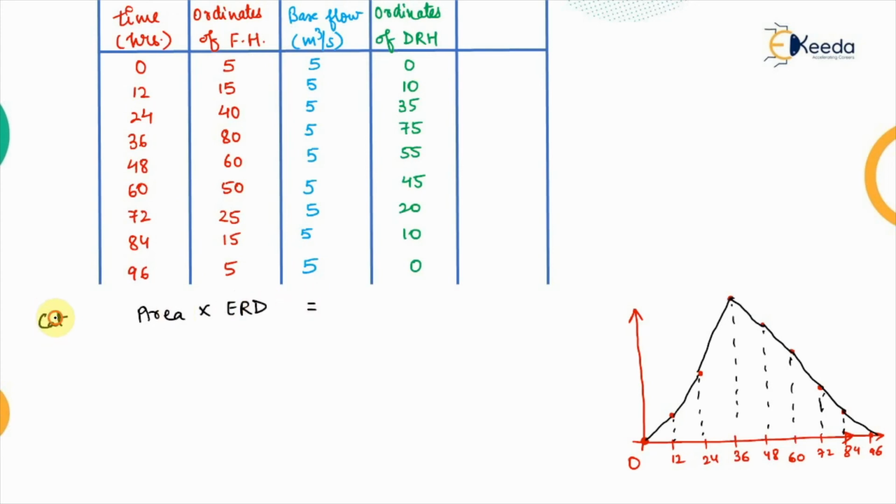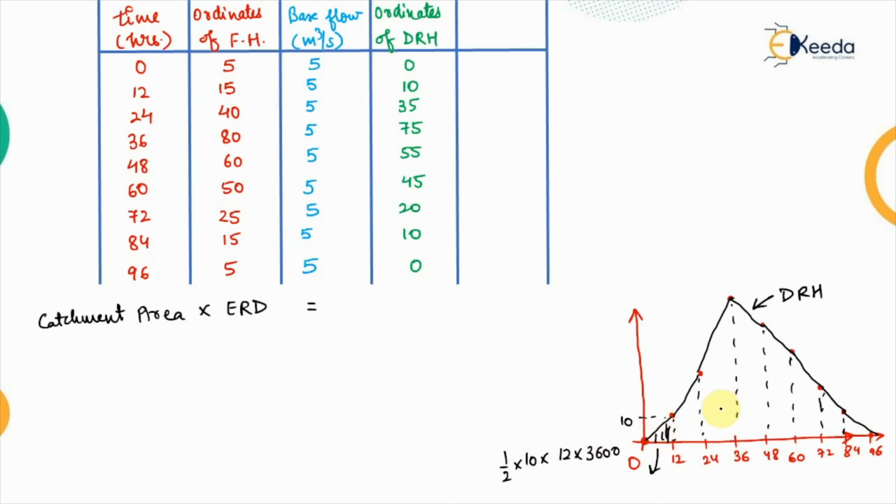So this runoff volume is equal to the area into the effective rainfall depth, where the area is of the catchment, and the runoff volume is equal to the area of the direct runoff hydrograph. For the first portion, the ordinate was 10, so this value will be half into 10 into 12 hours, converting it into seconds.